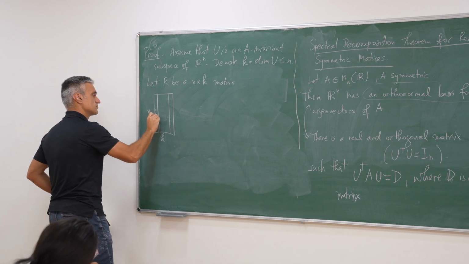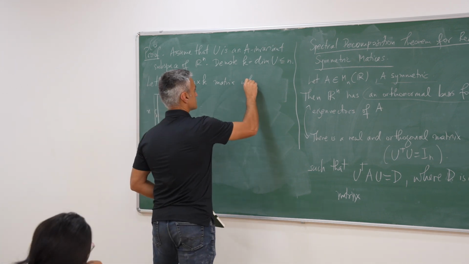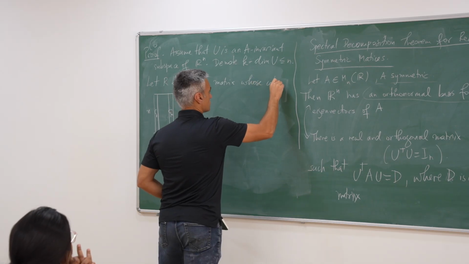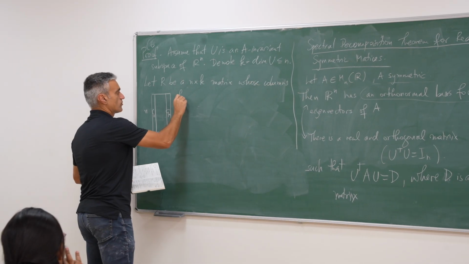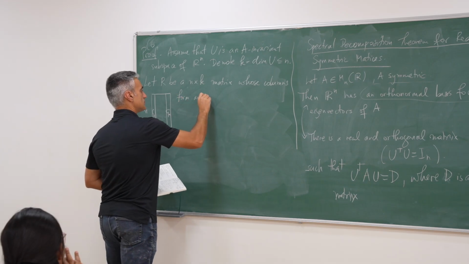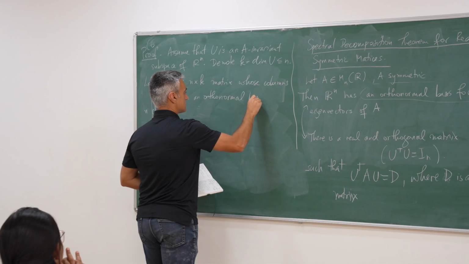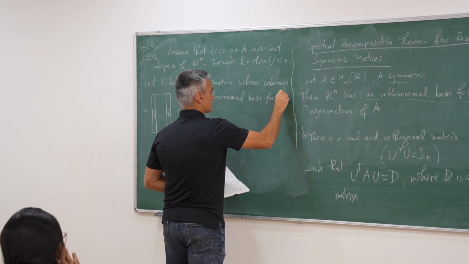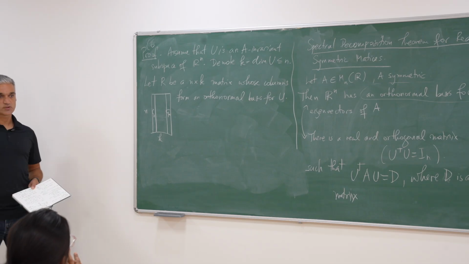Here you're going to have columns C1, C2, Ck. So it's a matrix whose columns form an orthonormal basis for U. Okay, so it's a basis.